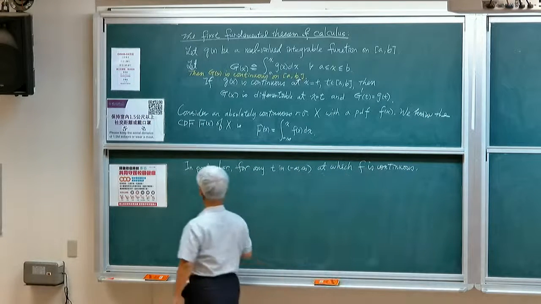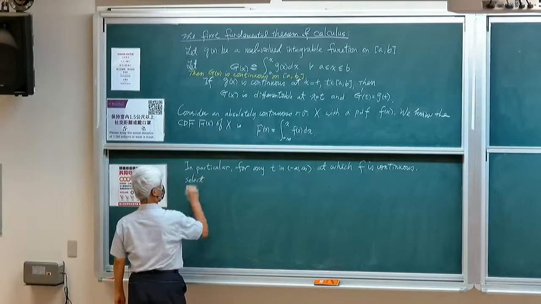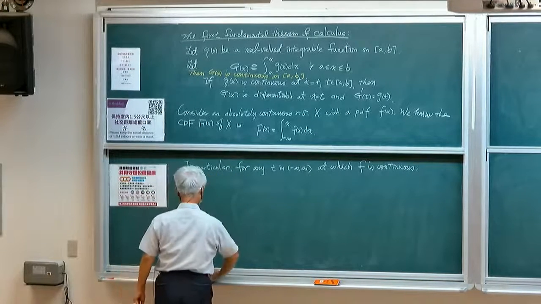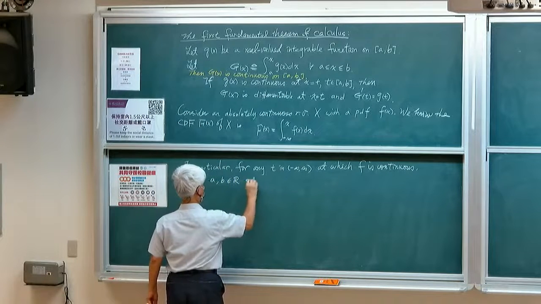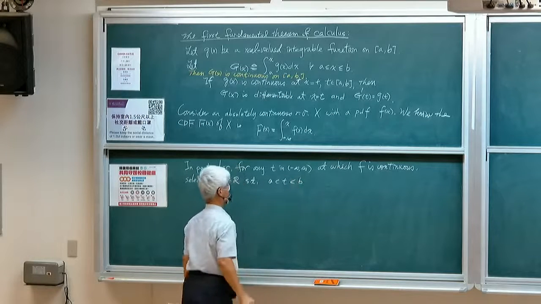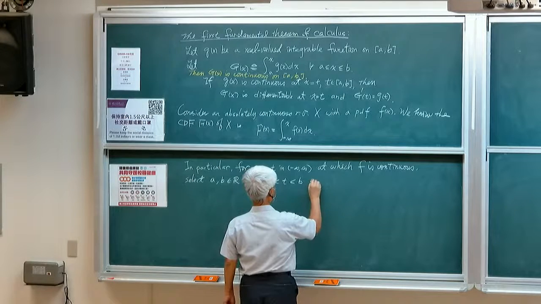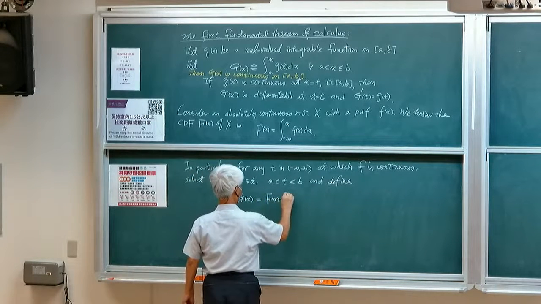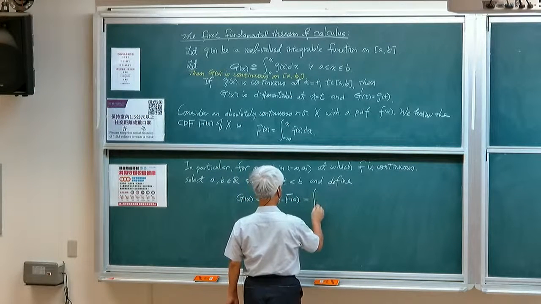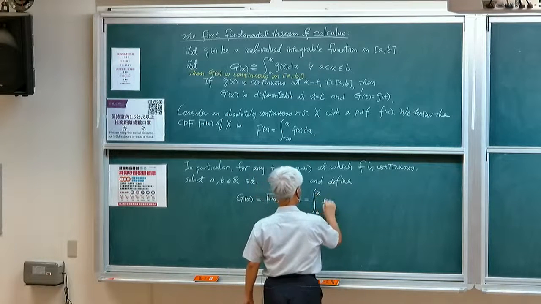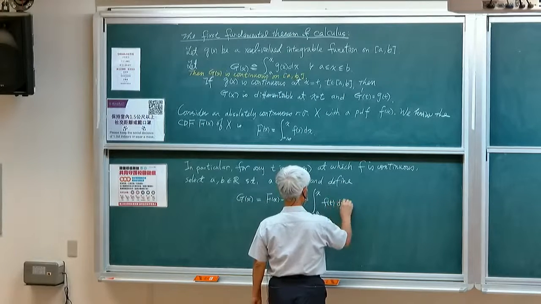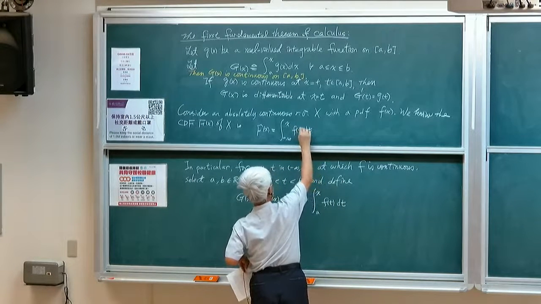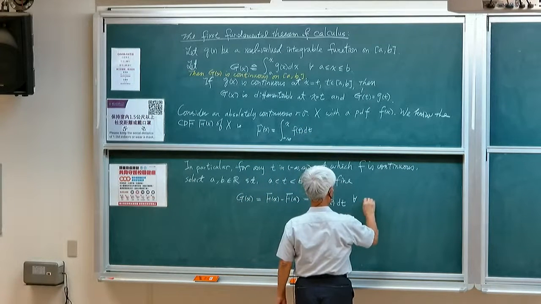Okay, we select an A, B such that A is less than t, less than B, and define g of x to be F of x minus F of A, which is the integral from A to x of f of t dt, for all x in the interval.